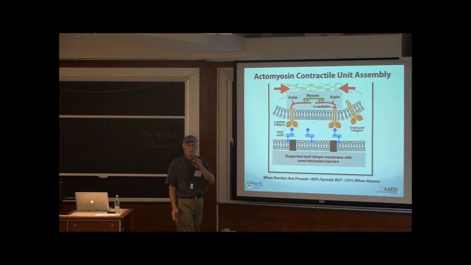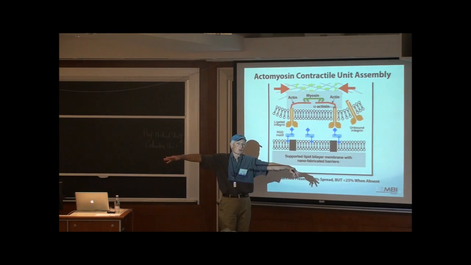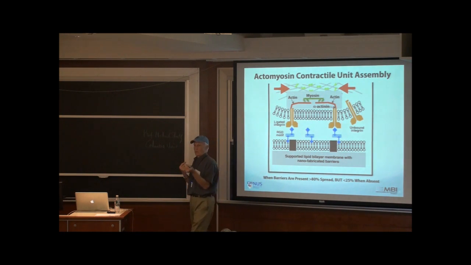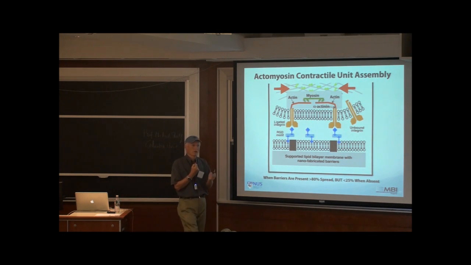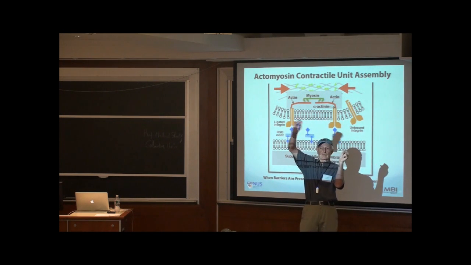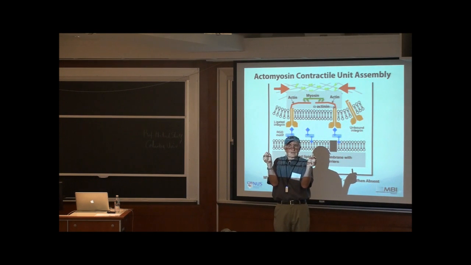So what this supported bilayer enabled us to do was to uncover a new, previously unrecognized step in the process of cell spreading. So what the cells are doing is, first of all, assembling a cluster, assembling actin from that cluster, pulling on those clusters now with myosin, and asking the question, does that matrix pull back?